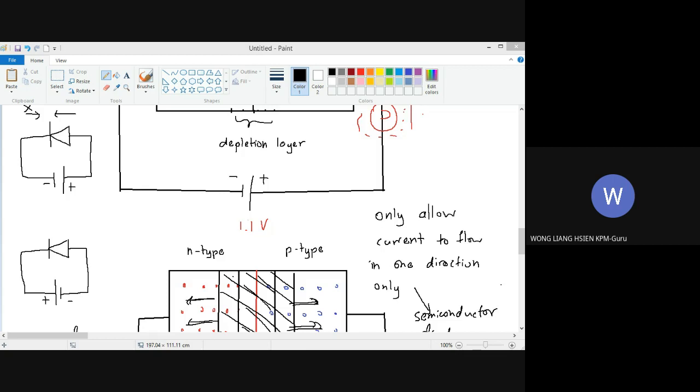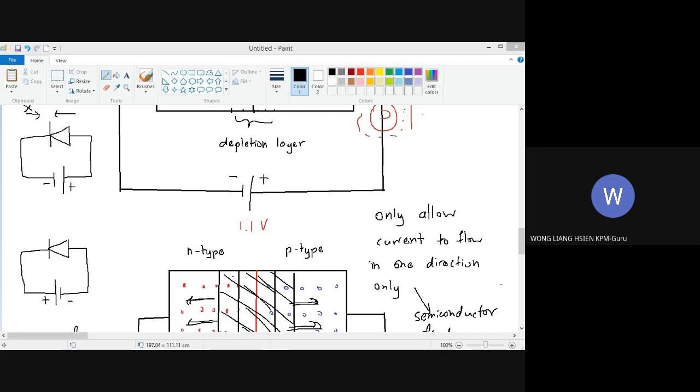Okay, I know that the explanation is quite long because there are a lot of basic things that we need to establish. That means we need to make sure that you understand the basic structure of the silicon or the semiconductor, and then how we dope it to make it a good conductor, and then what will happen if we join them together?